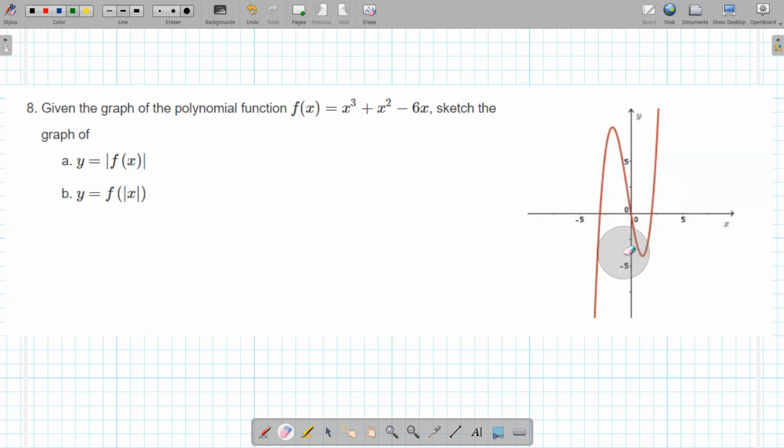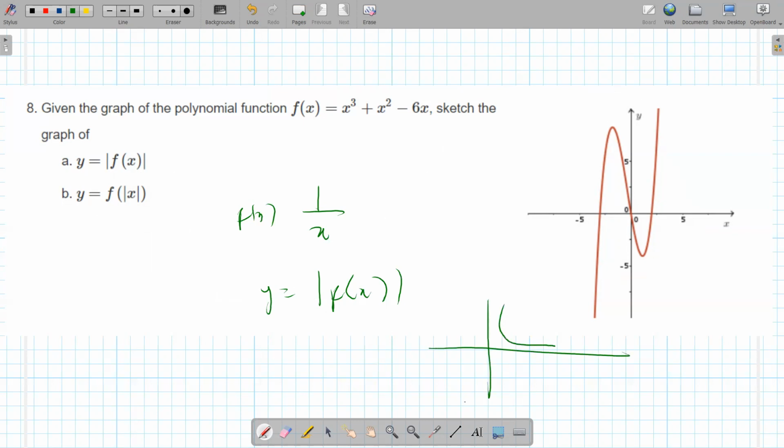Okay. Does it apply to everything, like the absolute for y? Yeah. So any function they give you, like let's say they give you 1 over x. Okay, let's say this is f of x. And then we want to plot the absolute value of f of x, right? The y values. Our graph initially looks like this.